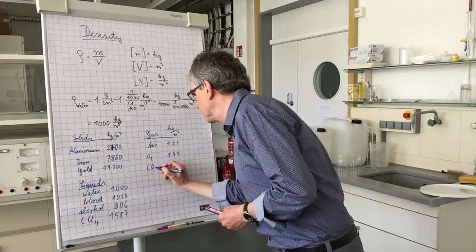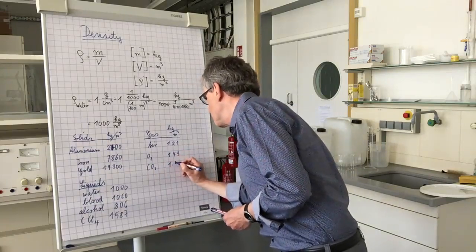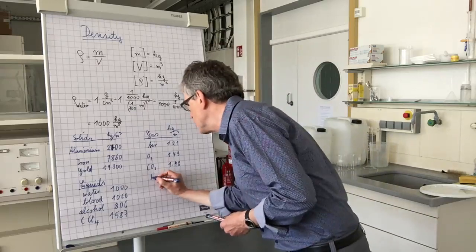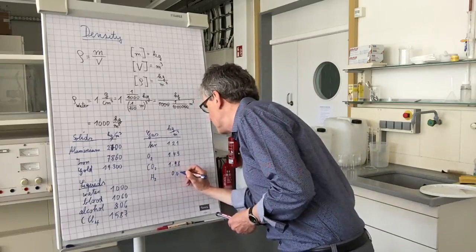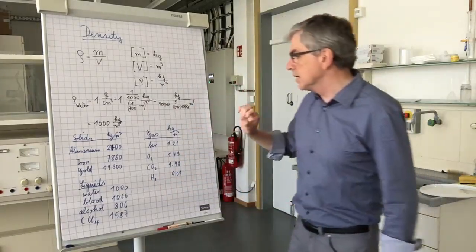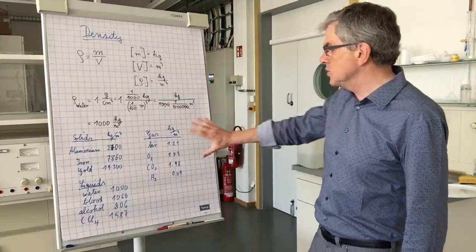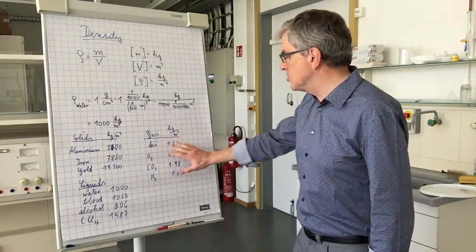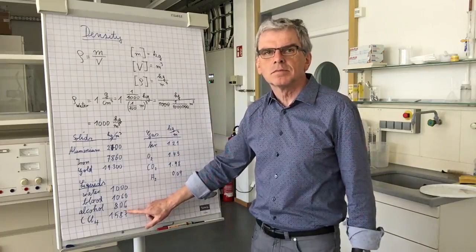CO2 is definitely much higher, 1.98. And H2, so hydrogen, has a density of 0.09, so much lighter than the other ones. So the reason why I write this is you see from these numbers that gases are typically a factor of 1,000 lighter than liquids.